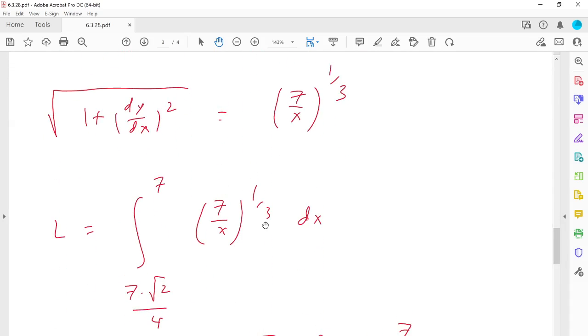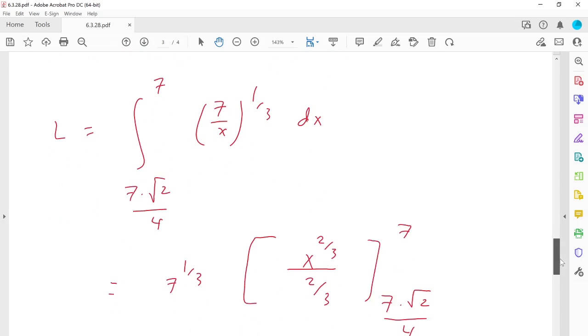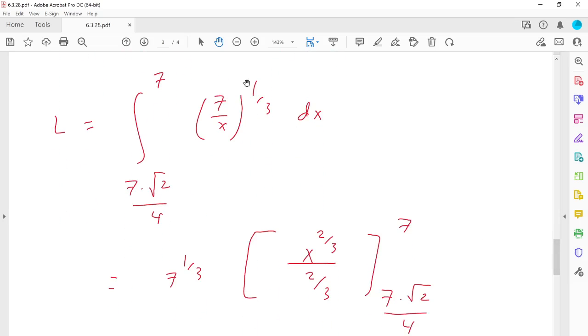Now we need to find the integration of this expression, which is not difficult, just a simple expression. This 7^(1/3) is just a constant, so we can keep that constant outside, and we can find the integration of x^(-1/3) by using the power rule for integration, which would be x^(2/3), because 1/3 is on the denominator.